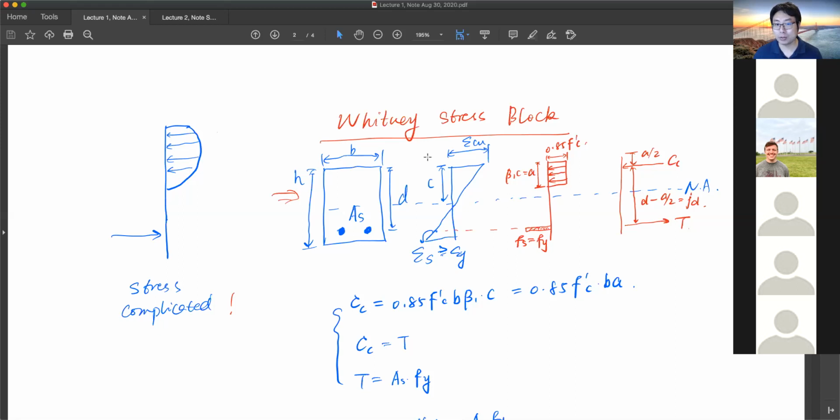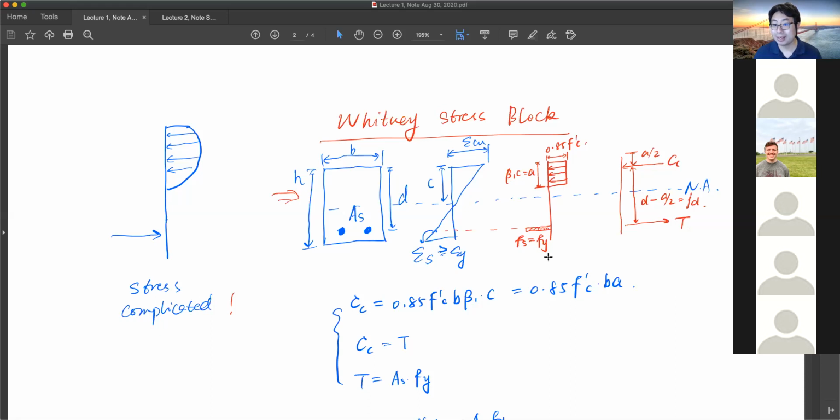So instead, we assume the stress distribution is a block. The width of the block is 0.85 f prime c. The height of the block is called a, which is beta 1 c, where beta 1 is a reduction factor on the actual compressive zone c, and a is the effective compression zone.